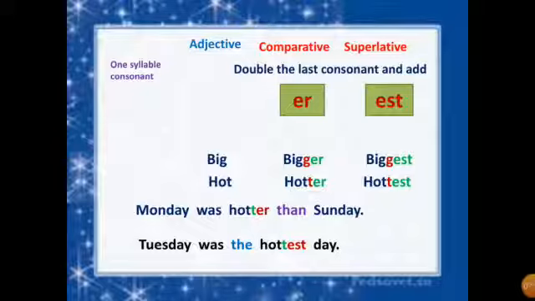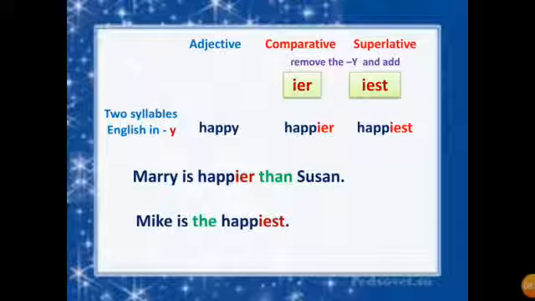Now the next, two syllables ending in y. Happy, happier, the happiest. For the adjective happy, we remove the y and add ier in comparative form, and iest in superlative form.